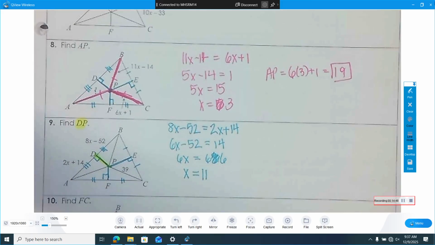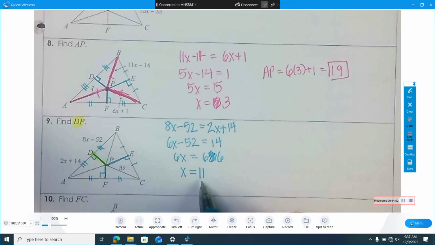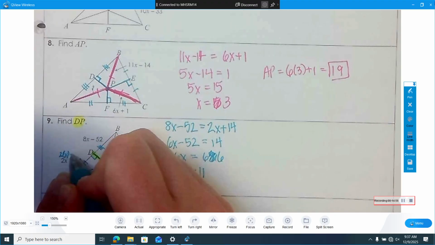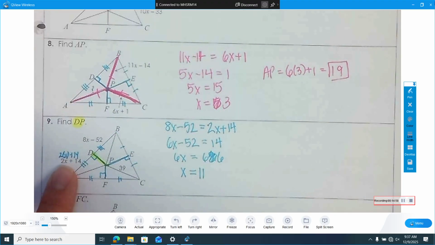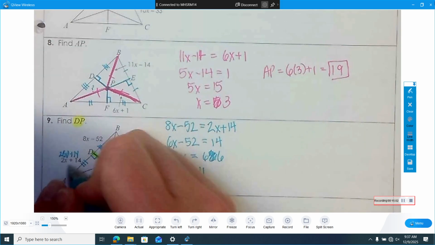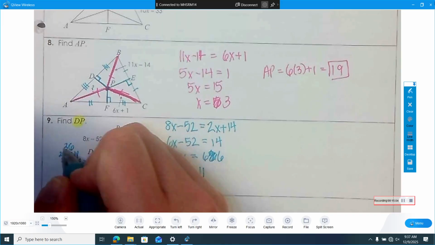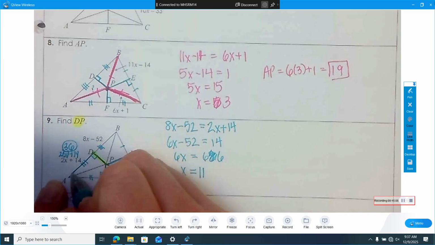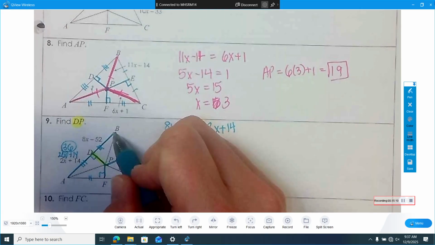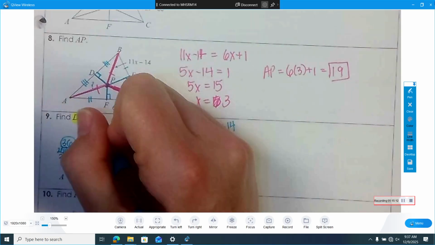All right. So what should I do with that 11? Plug it in. Yeah, let's plug that in. 2 times 11 plus 14. 22 plus 14 is 36. So we get 36 for this side length AD, but also the side length DB. They have to be the same. They're both 36.